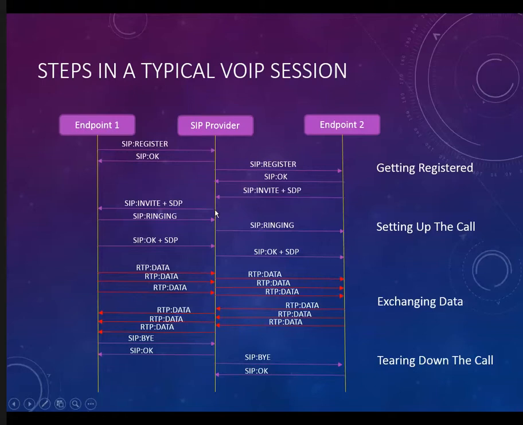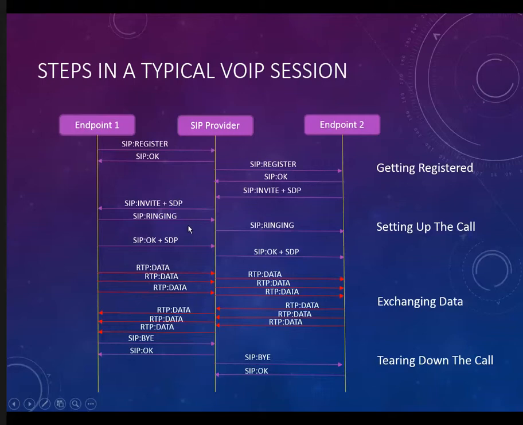That invite message is then relayed by the SIP provider to endpoint 1 as an invite message with SDP data in it, and if that is successful, then endpoint 1 will respond with a ringing message.